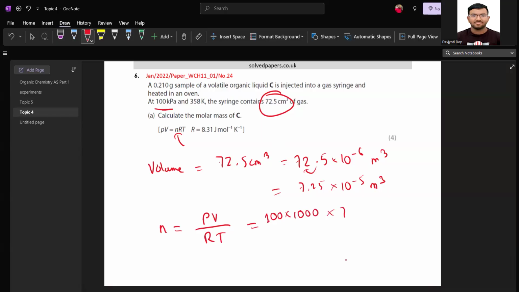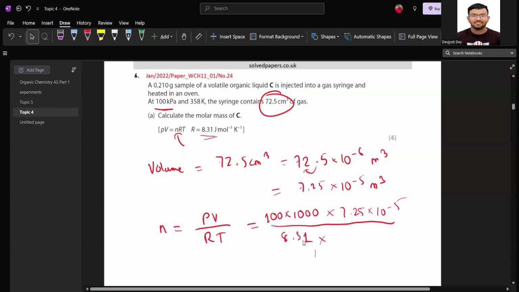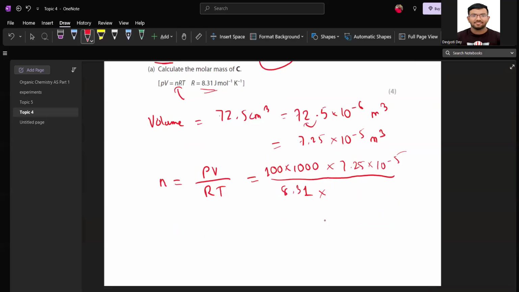Then 7.25 times 10 to the minus 5, divided by the gas constant, which is 8.31, and the temperature is about 358 Kelvin. We don't have to convert it since it's already in Kelvin. Eventually, you get about 2.437.